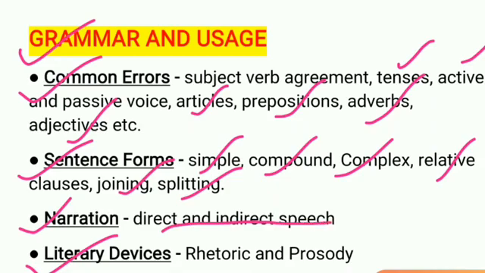And certain literary devices you should have read during your graduation years. Rhetoric and prosody are part and parcel of literary devices that make a basis for questions, a basis for preparation for the aspirants who are aspiring to be the would-be teachers of West Bengal.